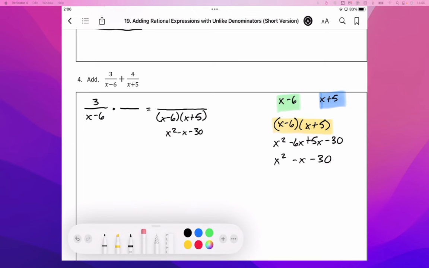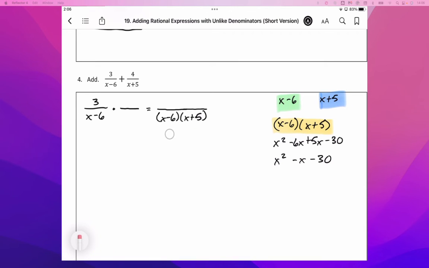That would be confusing. So I'm going to choose to leave it in factored form, because now it's very easy for me to see that I already have an x minus 6. All I need is an x plus 5. And so I'm going to multiply by x plus 5. And so 3 times x plus 5 is 3x plus 15.